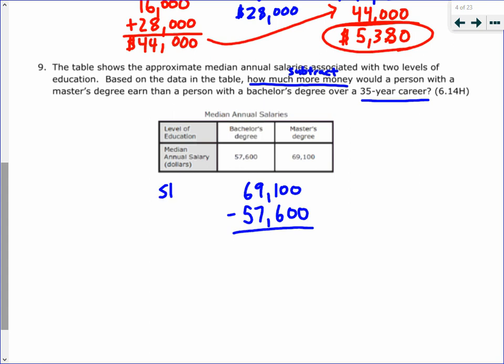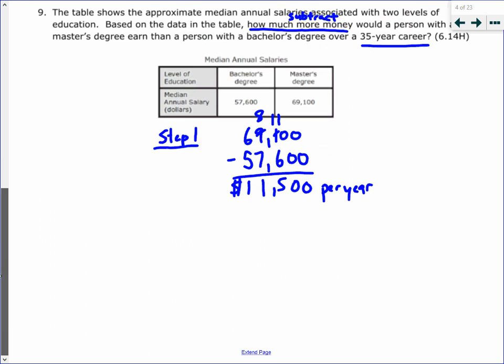So step 1, subtract for 1 year. That'll give us $11,500 per year. And then step 2, we're going to multiply that times 35 because it's a 35-year career.